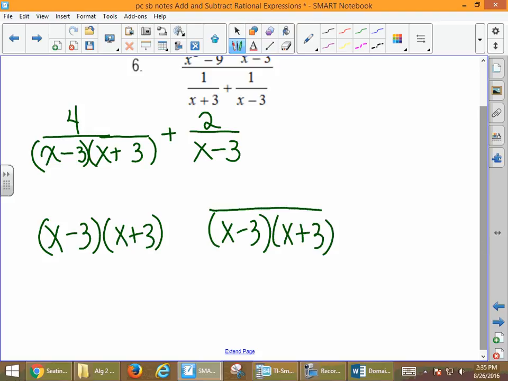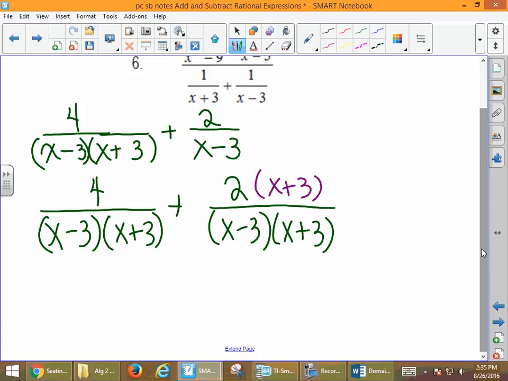For the very top of this fraction, over here in our first fraction, we didn't put anything new into our denominator. But on this fraction to the right, we did put in an x plus 3. We had an x minus 3 there, but now we have x plus 3 as well. So we have to put that fancy 1 in there. Don't cancel anything out.